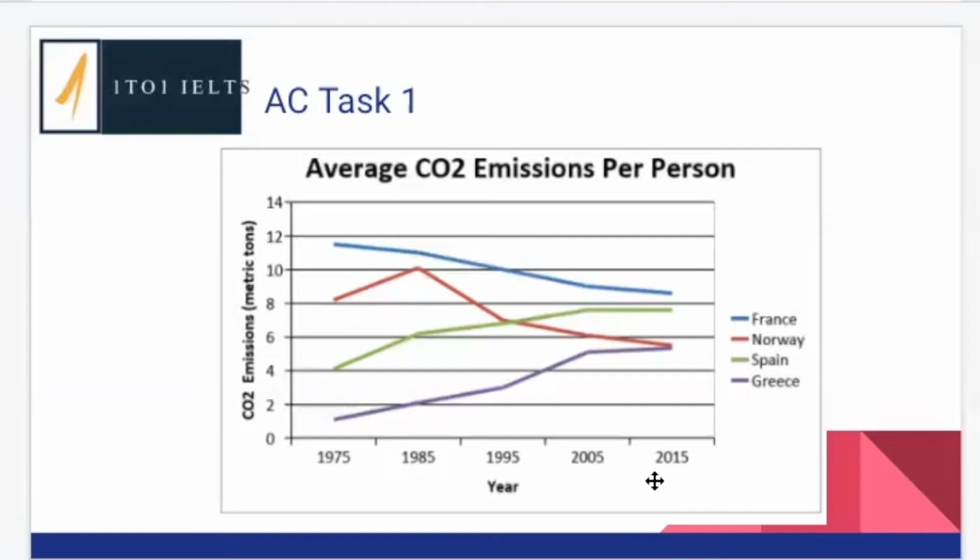the graph to them. Now, if I said to the examiner that the emissions for France in 1975 were just under 12 metric tons, they decreased consistently until 2015 to around 8.5 metric tons, do you think the examiner would be able to draw a line on their imaginary graph which would accurately represent the real graph?